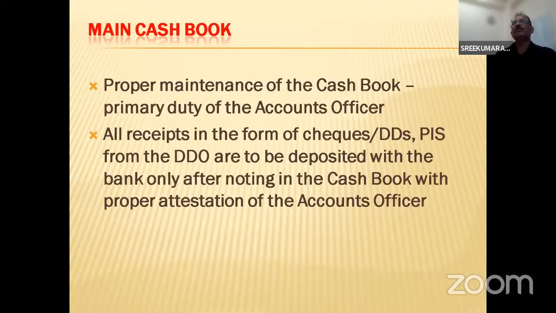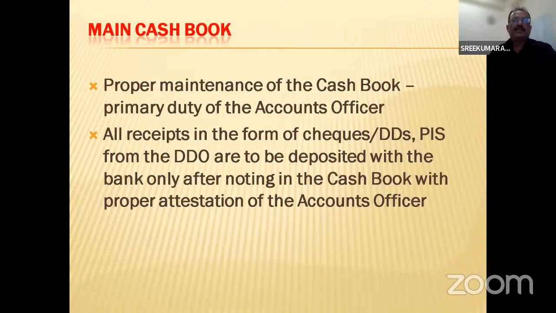Main cash book. Now we come to the main cash book. I've already told that the accounts officer of the institute is the custodian of the main cash book. His main duty is proper maintenance of the cash book. That is actually the primary duty.